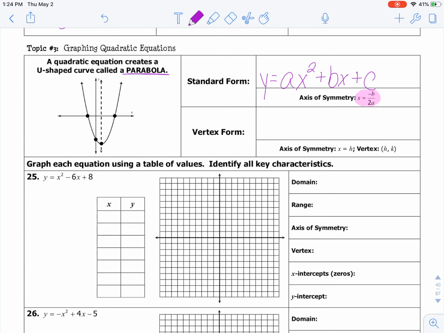So when I'm looking at number 25, negative b over 2a, that is the negative version of negative 6, which is really like positive 6, over 2 times the 1. 6 divided by 2 is 3. So my axis of symmetry here is x equals 3.